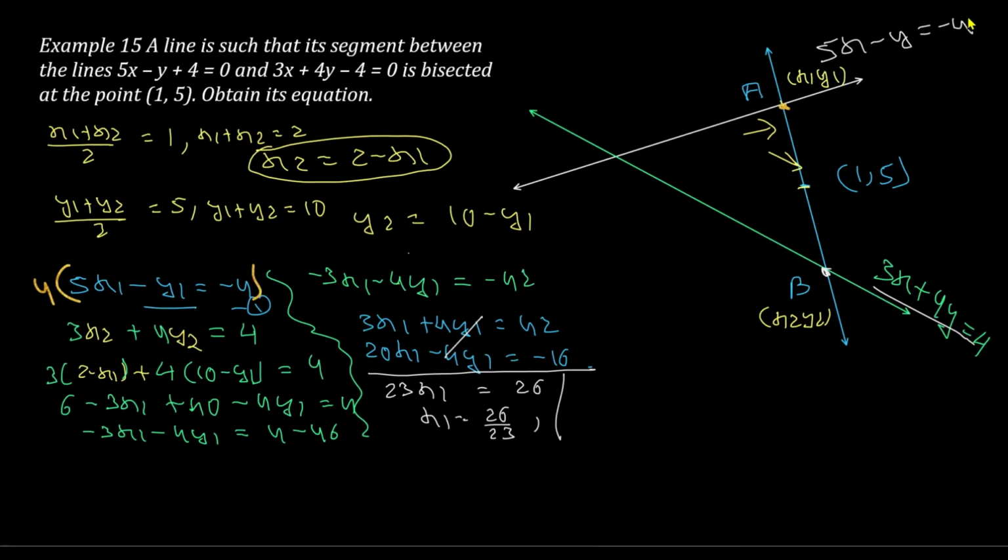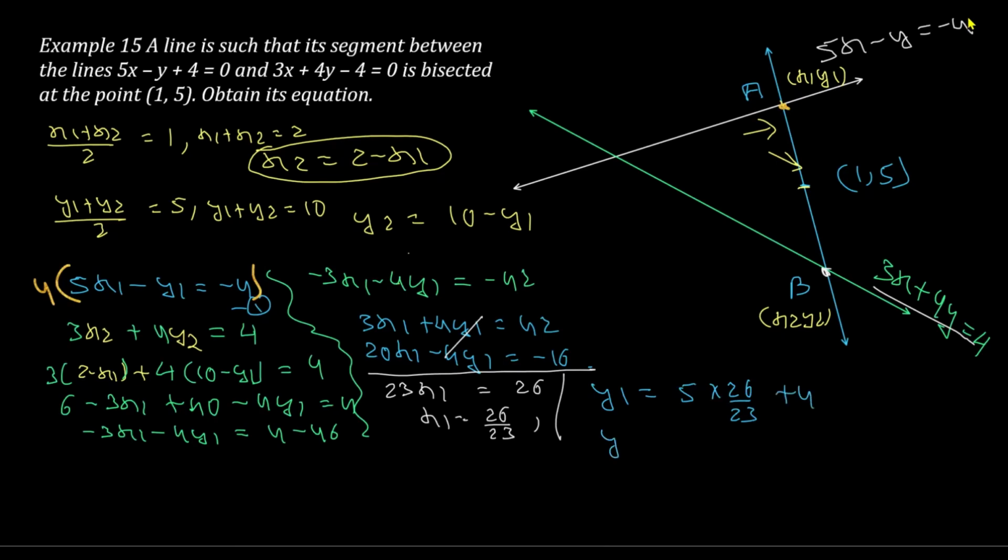So from here, what you can see is that y1, if kept on the right hand side, which is positive, should give you 5 times x1, and x1 is what we have obtained as 26 over 23 from here, right? And as I said, I'm transposing this, so it's plus 4 over here.